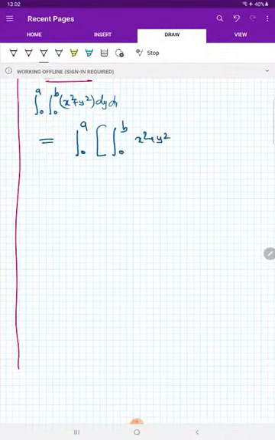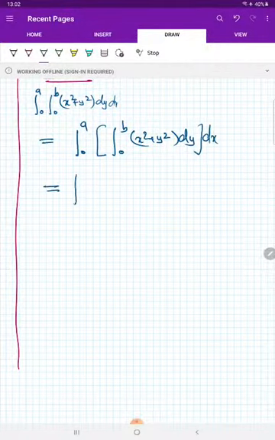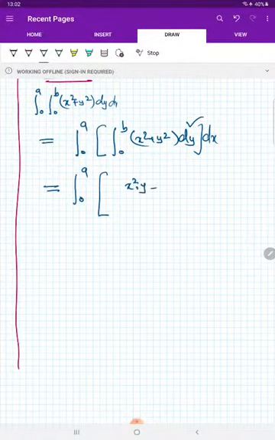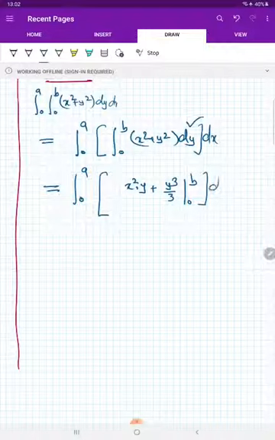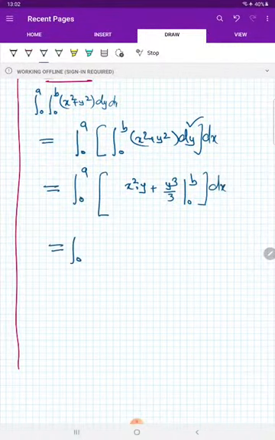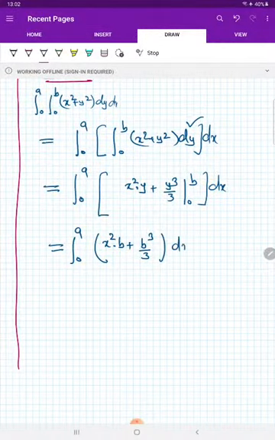We are going to integrate with respect to y, so we will treat x as a constant. On integrating with respect to y, we get x square times y plus y cube upon 3, limits 0 to b, dx. On substituting the limits, we get x square times b plus b cube upon 3, dx.